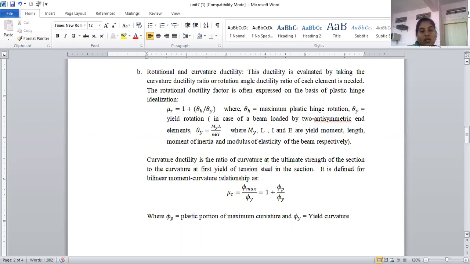The rotational ductility factor is often expressed on the basis of the plastic hinges idealization.